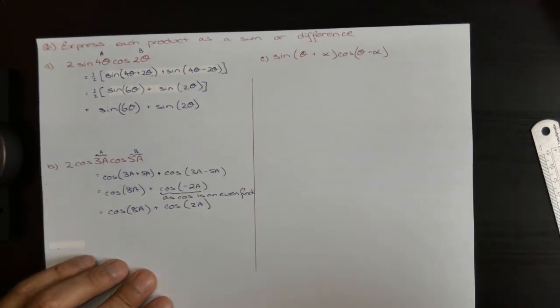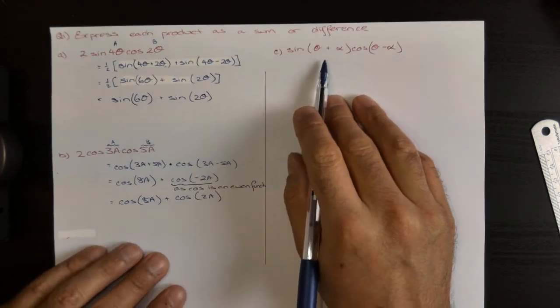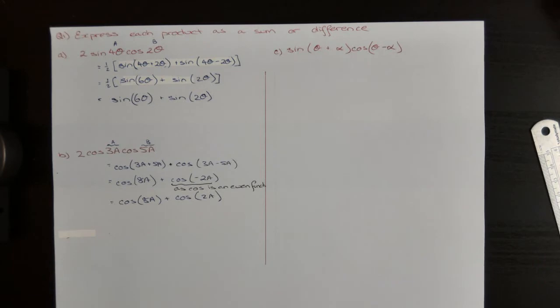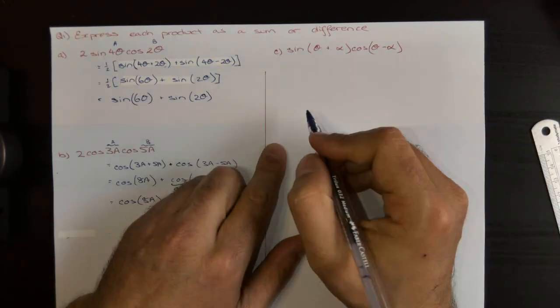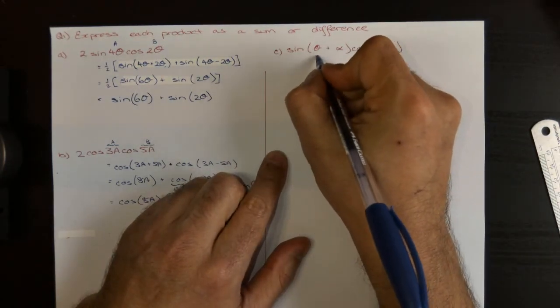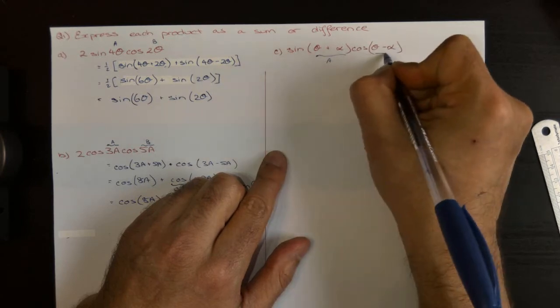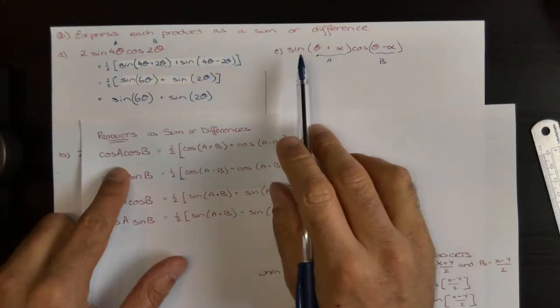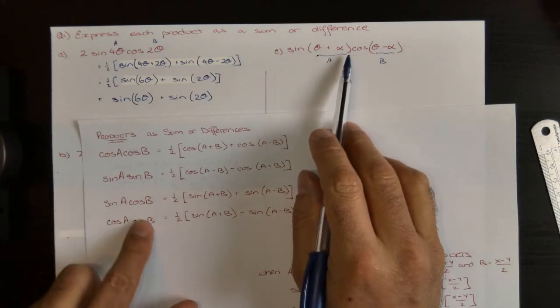Alright, so we get sine of theta plus alpha multiplied by cos of theta minus alpha. So we've got sine and we've got cos. This is going to be my A. This is going to be my B. So I've got sine and cos.